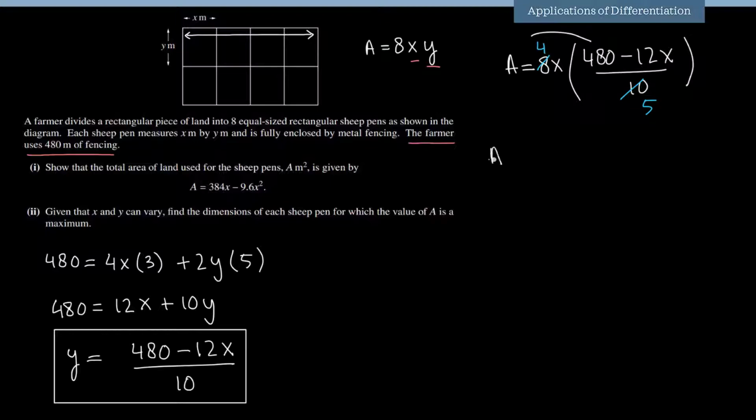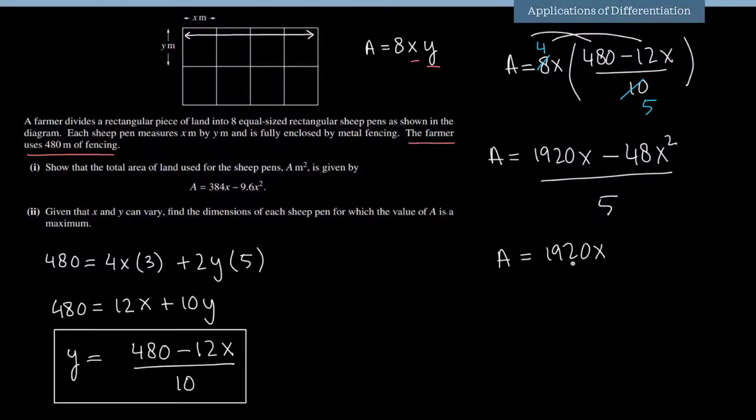So the area is equal to 1920x, and 4x times 12x is 48x squared. So minus 48x squared divided by 5. I can rewrite this as 1920x divided by 5 minus 48x squared divided by 5. 1920 divided by 5 is 384 and 48 divided by 5 is 9.6.